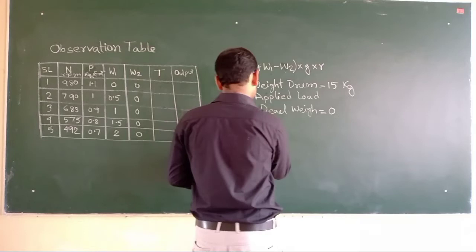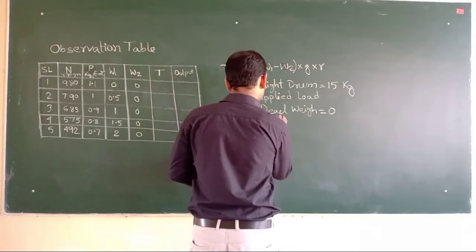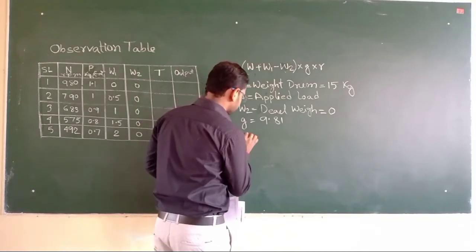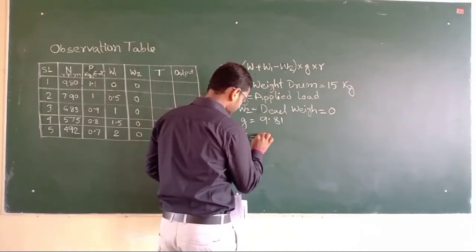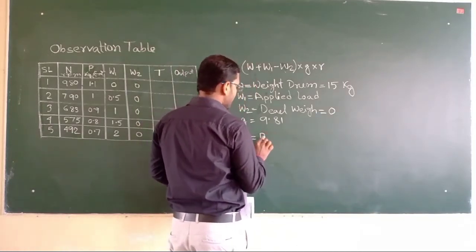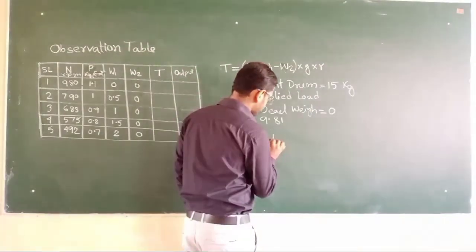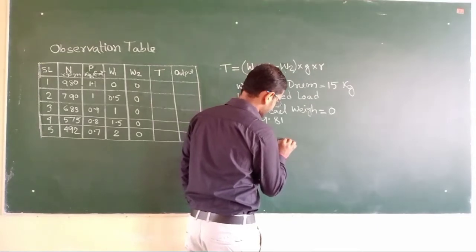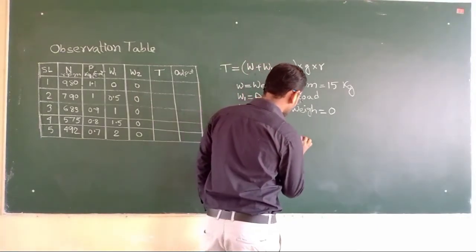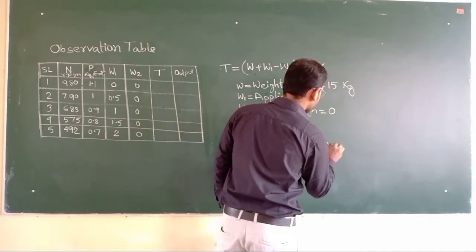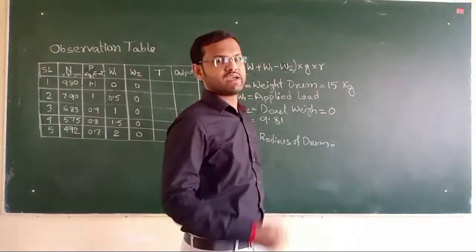The value of G is equal to 9.81, and R is the radius of drum, which is given.